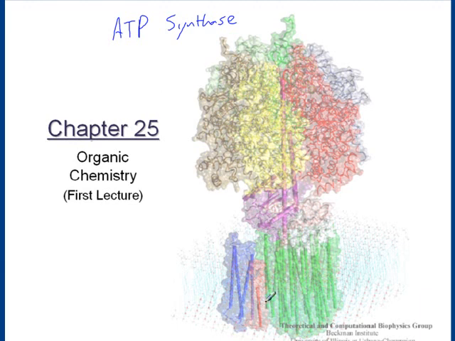And this is a very large, very beautiful protein that is responsible for the synthesis of probably one of the most important compounds in the body. And it's a molecular motor.